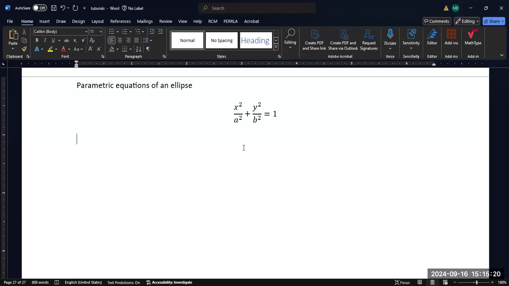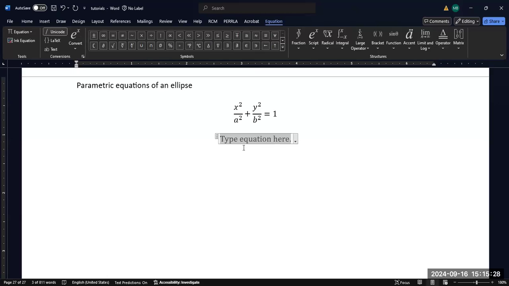So I'm just going to treat A and B as if they're just constants and they're scaling in that particular direction. So the standard way to do this representation is x is equal to A cosine theta or t when we're doing parametric forms, and y is equal to b sine t.